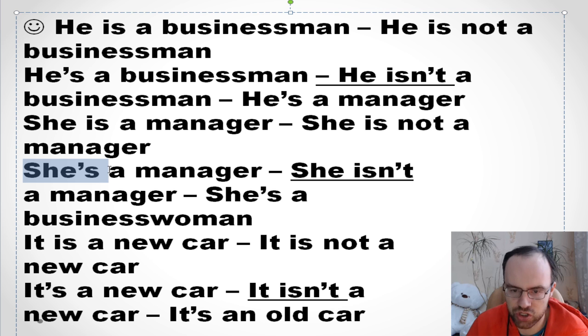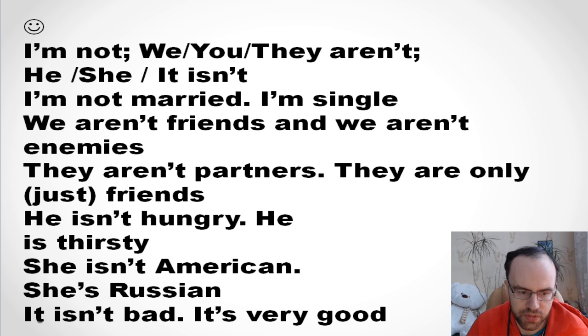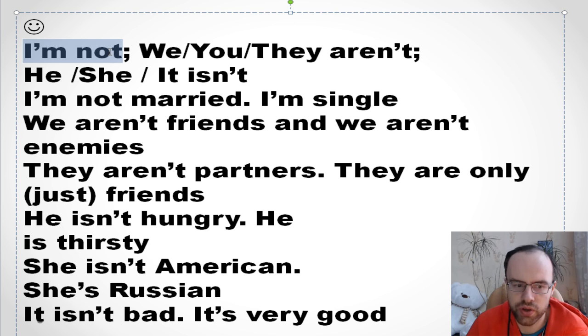She isn't a manager. She is a businesswoman. It is a new car. It is not a new car. It's a new car. It isn't a new car. It's an old car.